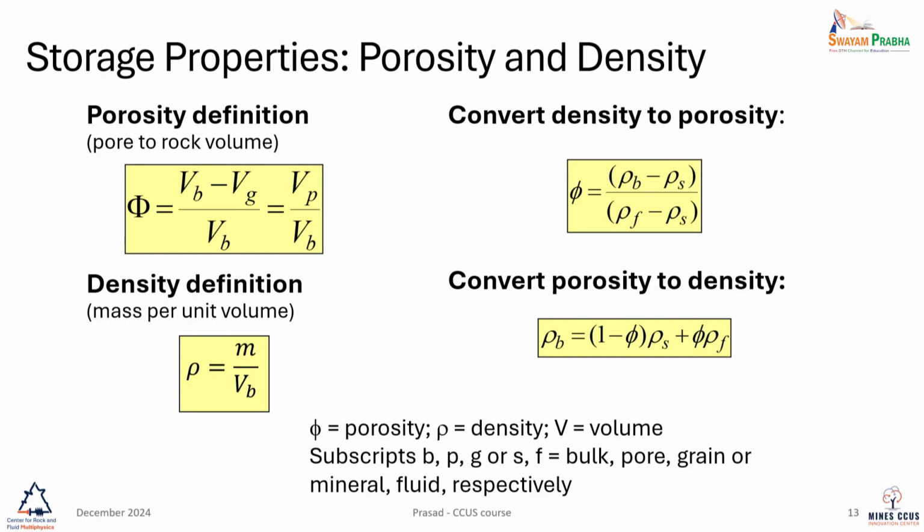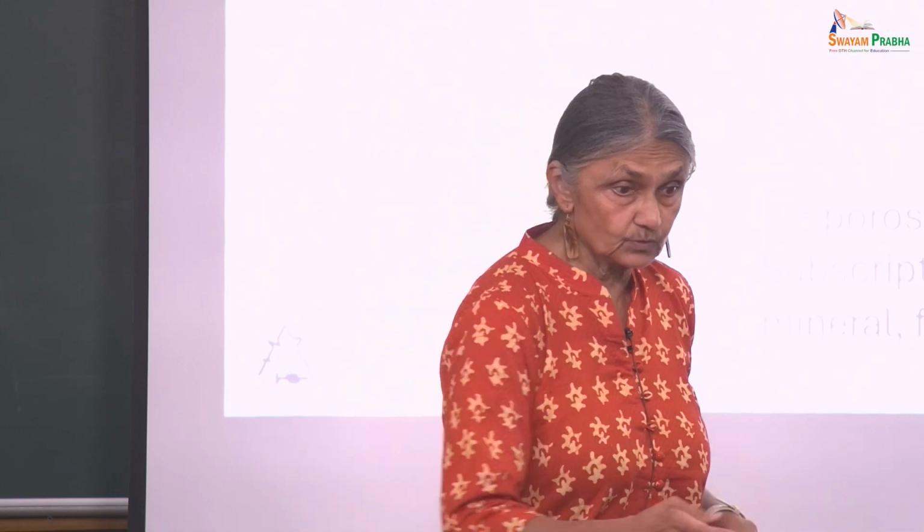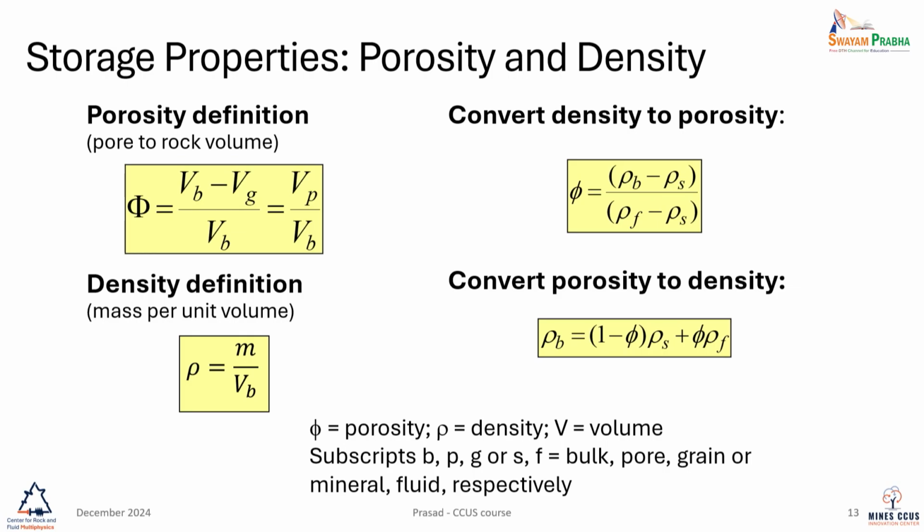Okay, so what are these properties of interest? We have porosity and density. This is what we had in the impedance. We can go from one to the other. It's a very simple calculation, almost trivial. The density is mass per unit volume, porosity is pore to rock volume. Simple stuff. But we usually measure one or the other.